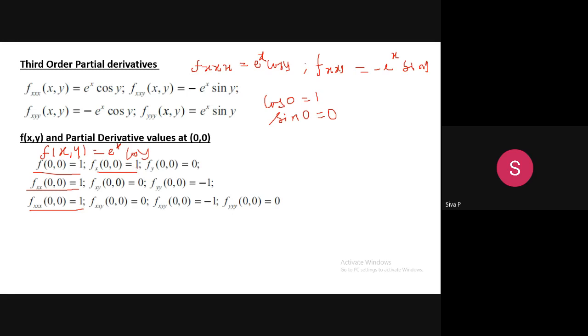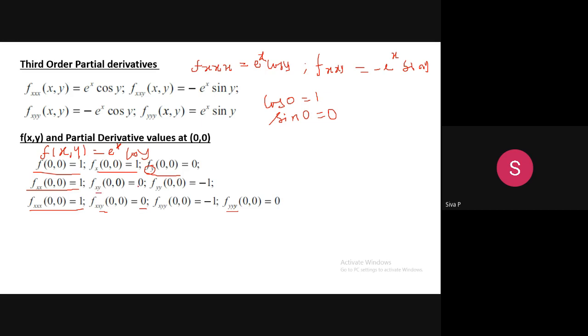And then when you come to fy, wherever an odd number of y is there, then it is sine. Are you able to get it? Odd y means 1 and 3 y's. If 3 y's are there, then it is 0. Here 1 y is there, then it is 0. Here also 1 y is there, that is 0.